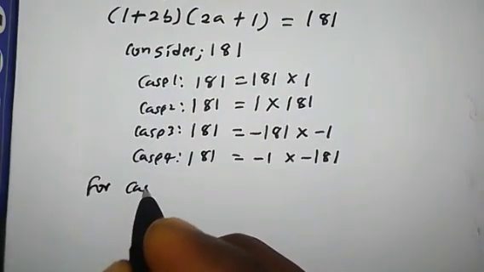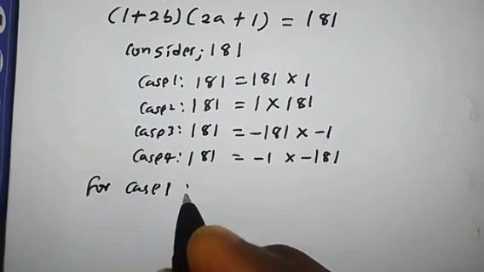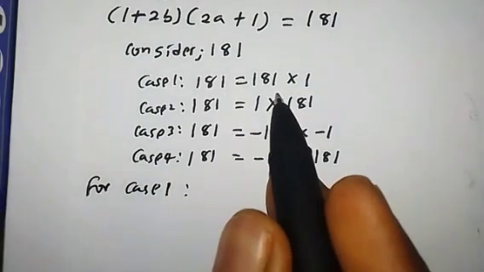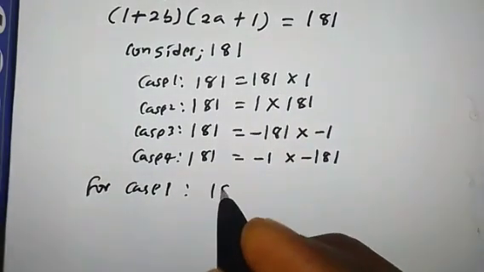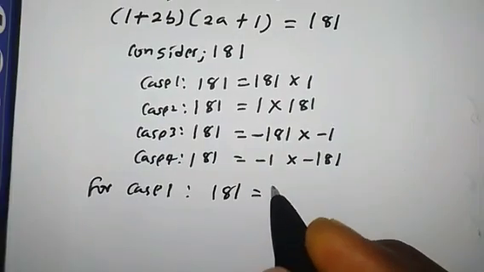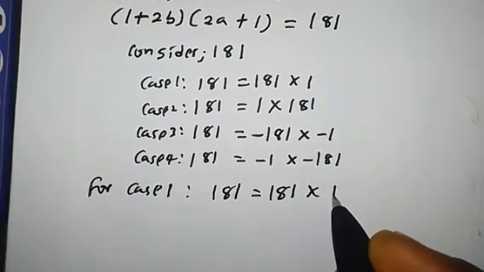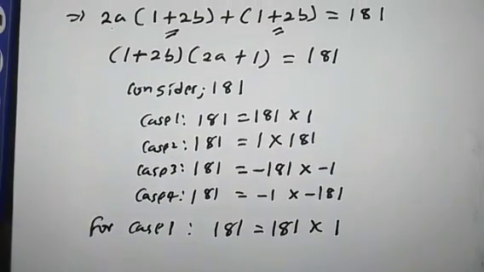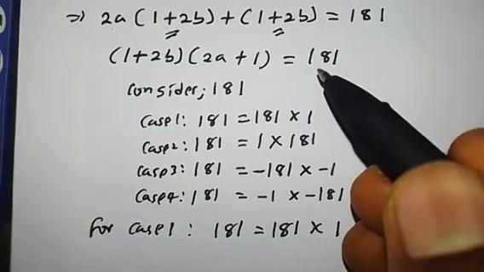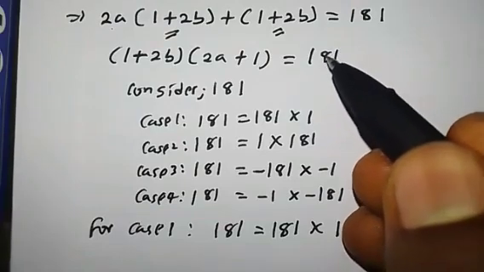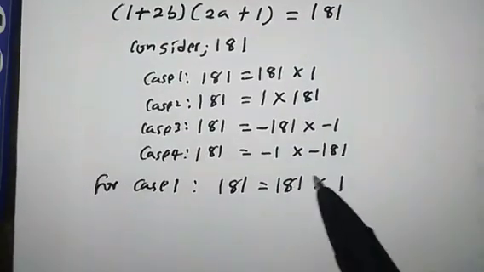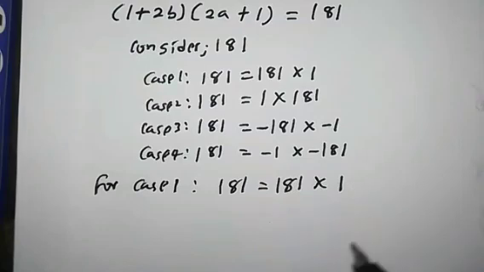For case 1, we have 181 equal to 181 times 1. That means we will replace this right hand side 181 with 181 times 1.